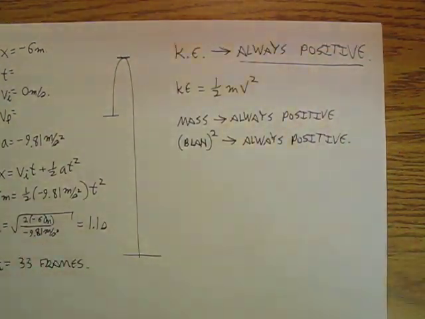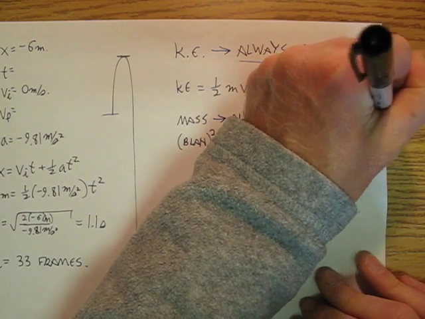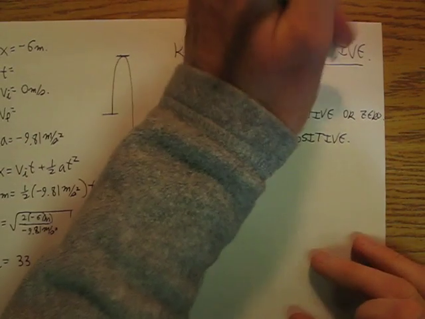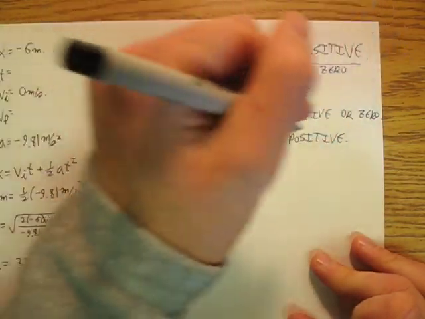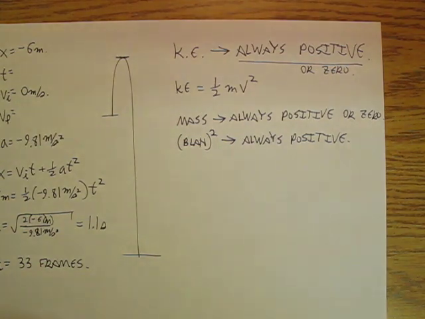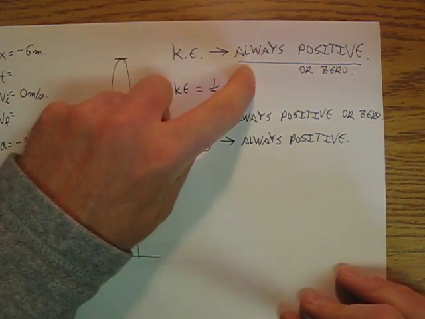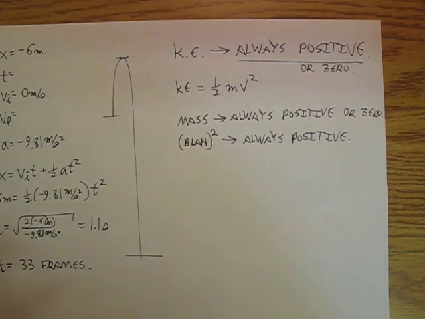So kinetic energy has to be always positive, or zero, because mass always has to be positive, and anytime you square something, you get a positive number.